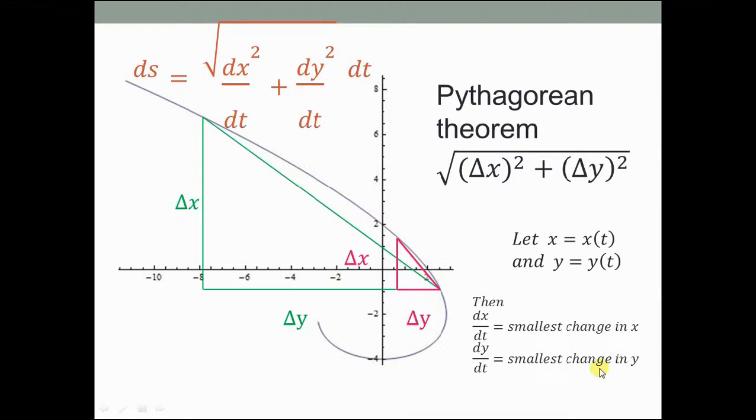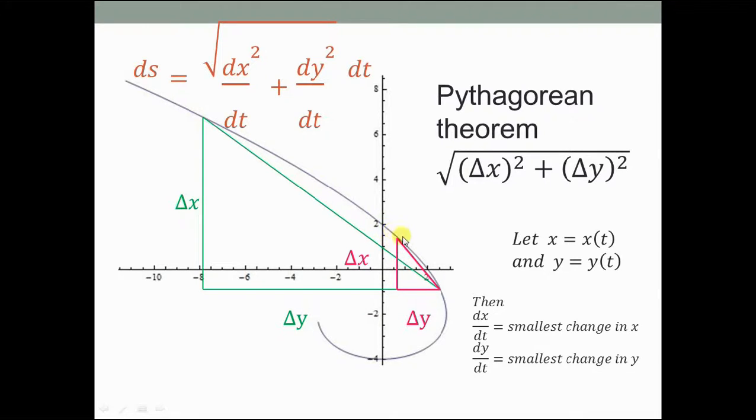So if you need help visualizing, try treating the variable t as some point in time and treat this curve here as the motion drawn out by a particle. Imagine this particle is allowed to move for a very short time, the smallest instant in time. And so there would be small changes in the particle's x and y coordinates.